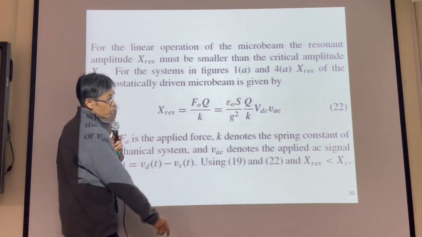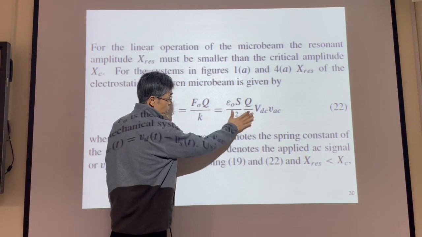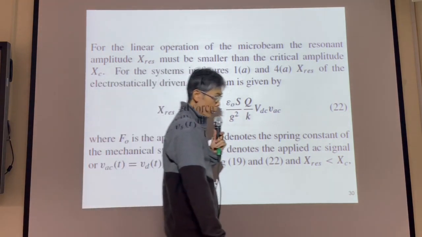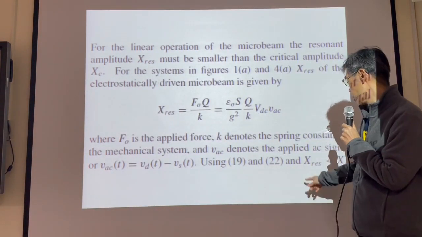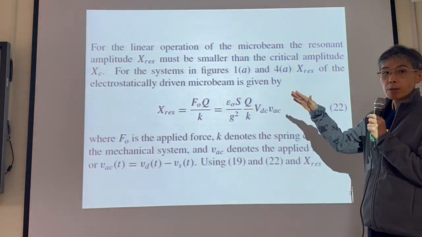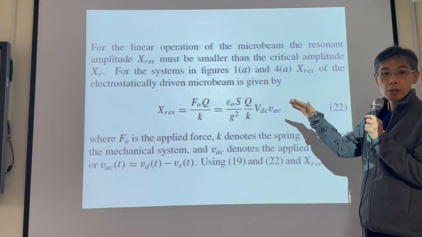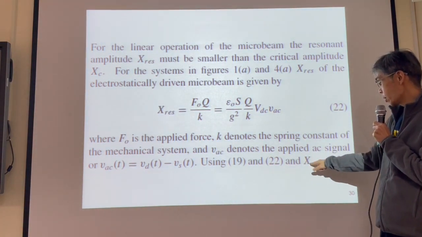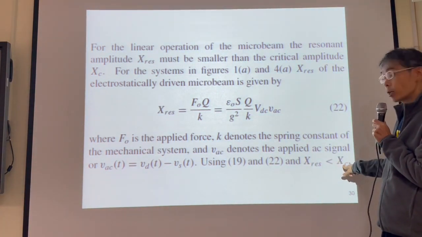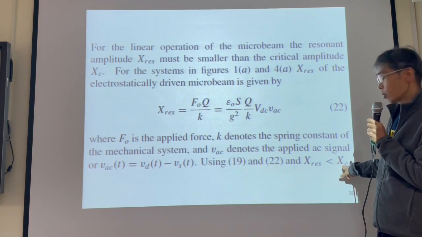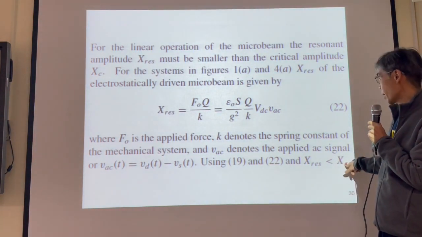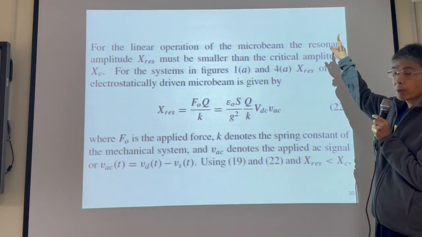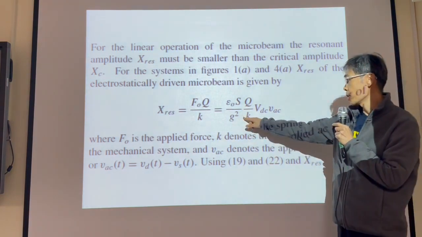And using equations 19 and 22, this is 22, and this is the criteria. Remember, for the beam to operate in the linear small signal model, we require the resonance amplitude to be less than the critical amplitude. So we have this XC on the previous page, and XRES here.